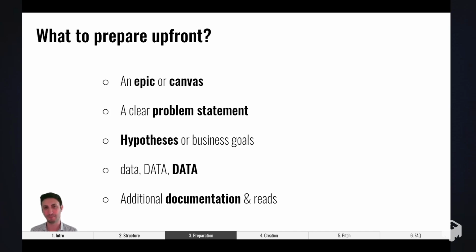Sometimes it's good to have business goals in place or hypotheses, because you can frame the solution. And then, and I hope it's clear for you, if not, I'm happy to emphasize it again, the more data you have, the better. Without data, it's hard to make good decisions. So make sure that you add as much data as possible that is relevant for your story mapping session to the feature.